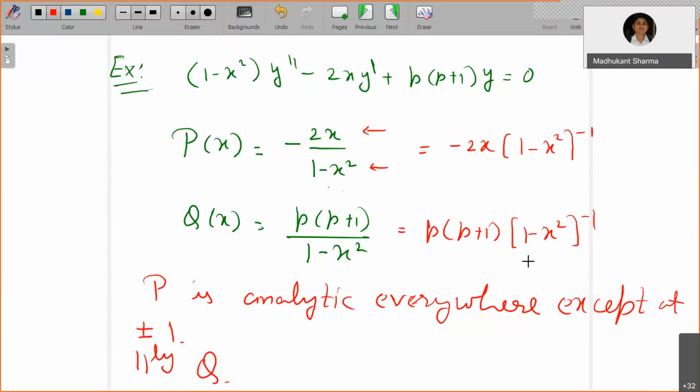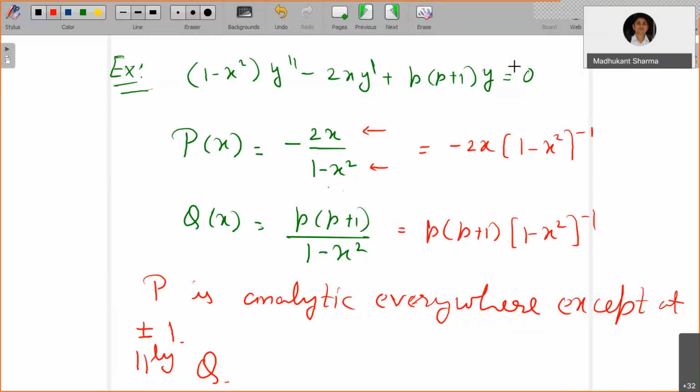I can certainly write it in powers of x because I know that (1 minus x) to the power minus 1 is 1 plus x plus x square plus x cube and so on, right? Yes, sir, got it.